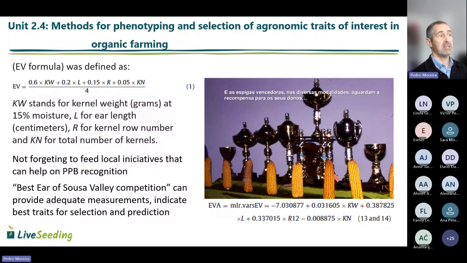Having some of these initiatives is a way that farmers can listen about the traits that could be important for selection, because in this competition the traits were read to the farmers, for instance indicating the kernel weight of the winner ear, the length, and the number of rows.